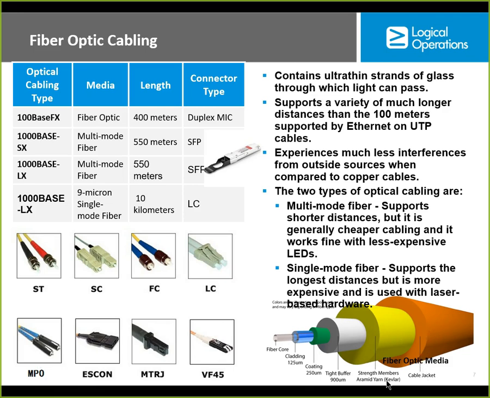We have the cable jacket, the strength member, Kevlar in here, a tight buffer, 900 microns. The coating's 250 microns. The cladding is 125 microns. And then we finally get to the fiber core, which is in the middle.